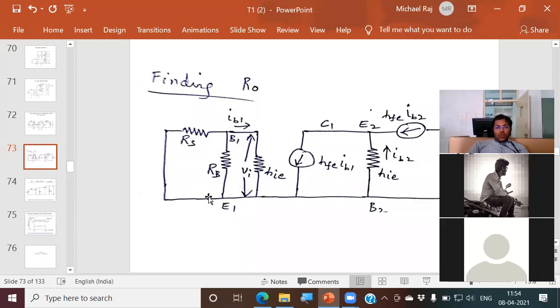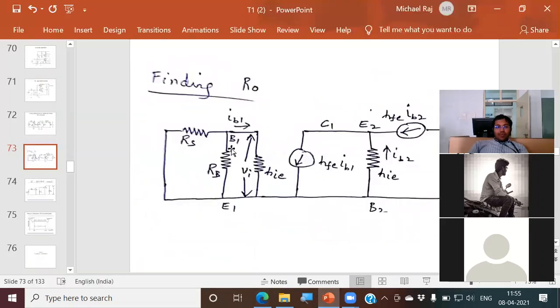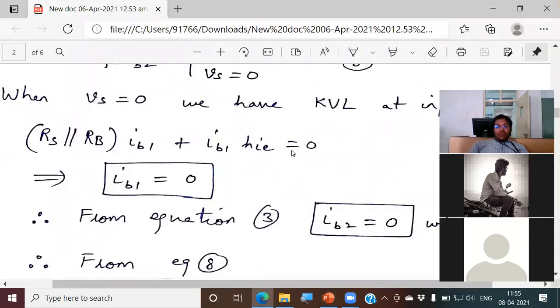Considering these two, next, in that loop there is one more HIE. Here, the voltage drop will be HIE into IB1, so plus HIE into IB1. Add those two voltage drops, equal to 0.